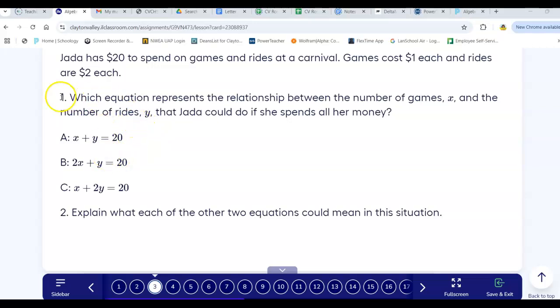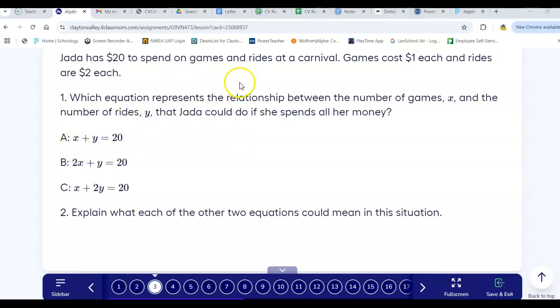So then the first question they ask you is, which equation represents this relationship in this situation? Well, they're telling you that games are X and rides are Y, okay? So if games are $1 each, then I'm going to be multiplying the X by 1.